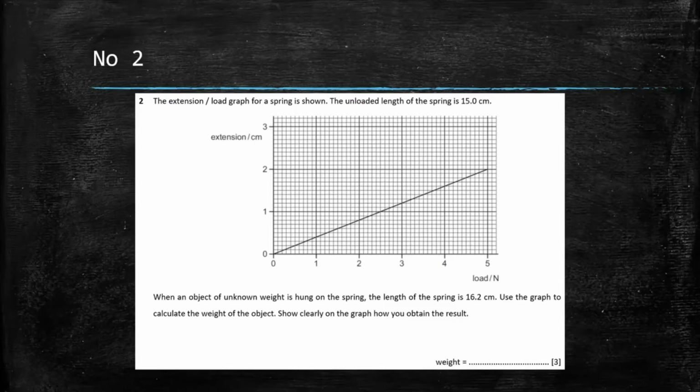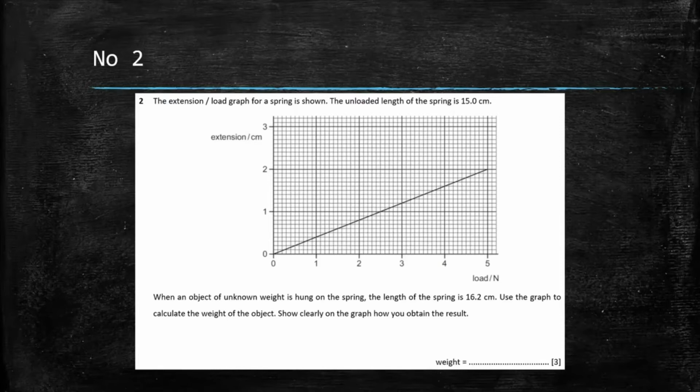The figure shows an extension load graph. That means, to find the load or the weight, we have to know the extension of the spring. Extension is the difference between the loaded length and the unloaded length.